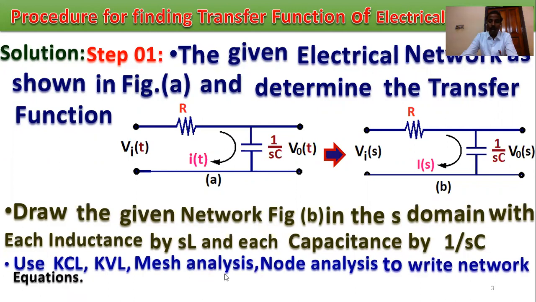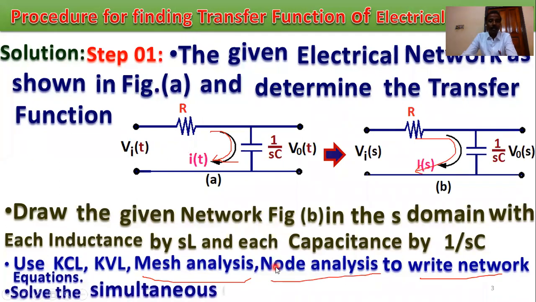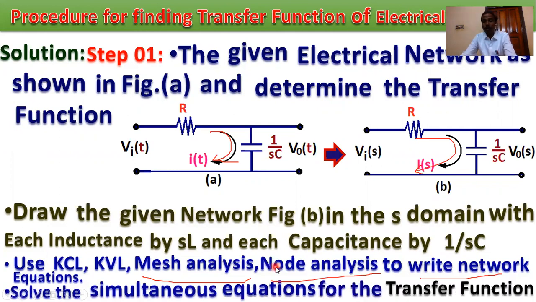This is the loop current i of t, or I of S. Then solve the simultaneous equations for the transfer function, because our main focus is the calculation of the transfer function.